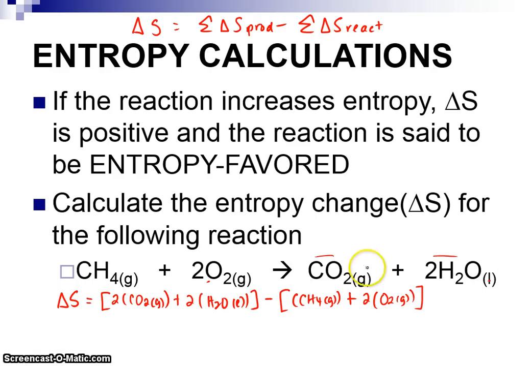In this case, the states of matter are very important because we need to choose the proper ones off of our table. So H2O liquid and H2O gas are both listed, and so we'll have to choose the right ones. So follow along with me and make sure you can find and choose the proper ones.